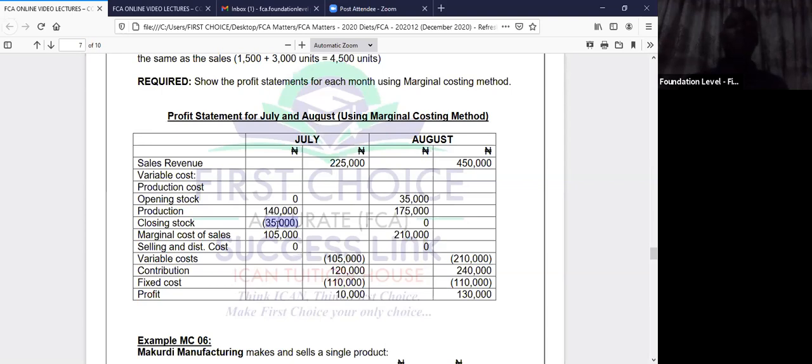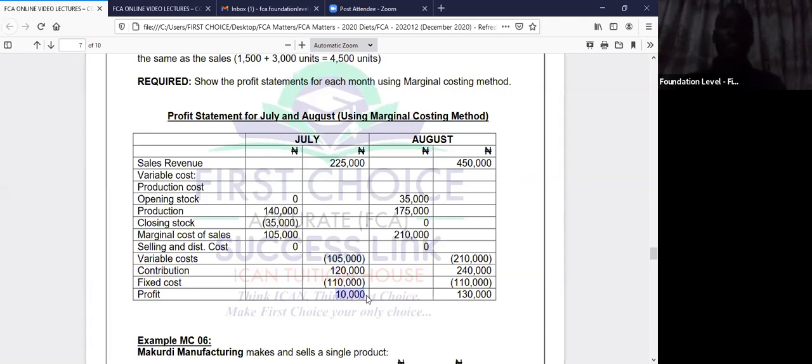And what does a reduced cost have on profit? If your revenue is kept constant and your cost reduces, your profit will increase.